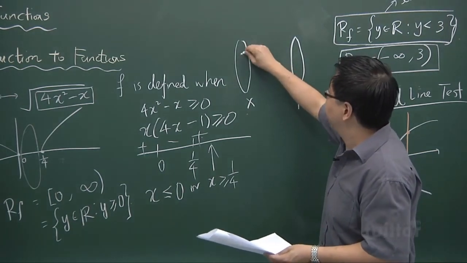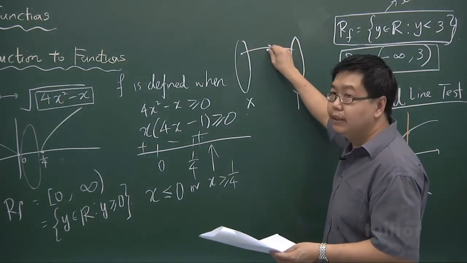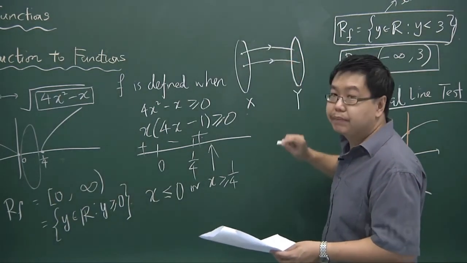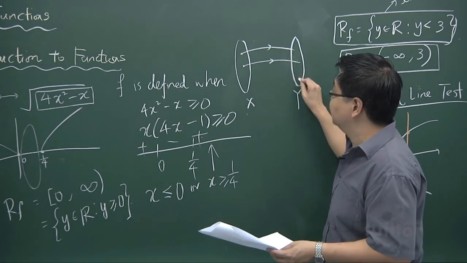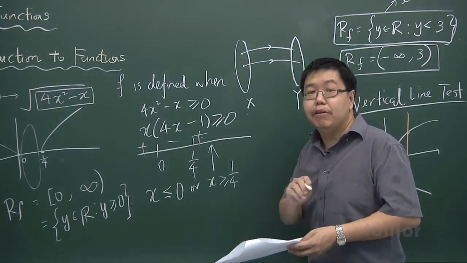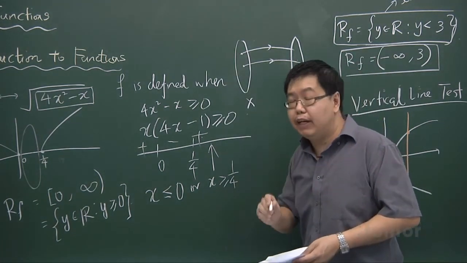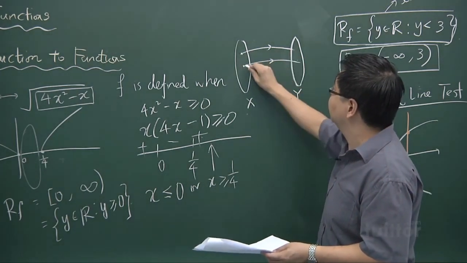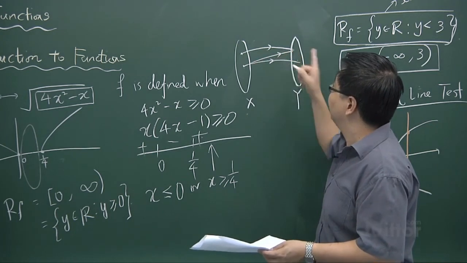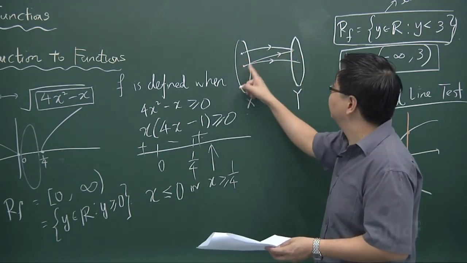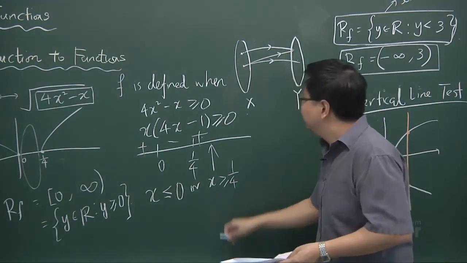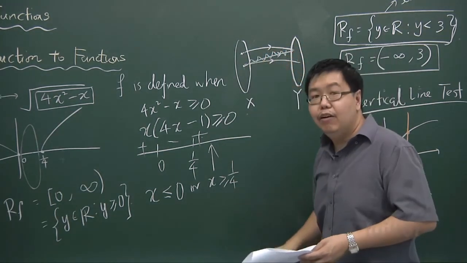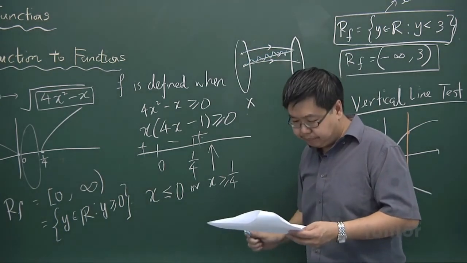This x value can go to this y value, and another x value can go to another y value. It cannot go to two y values at the same time, or else it will not be a function. In a one-to-one function, it also does not allow two x values to give rise to the same y value. That means that this kind of relation is not allowed in a one-to-one function.